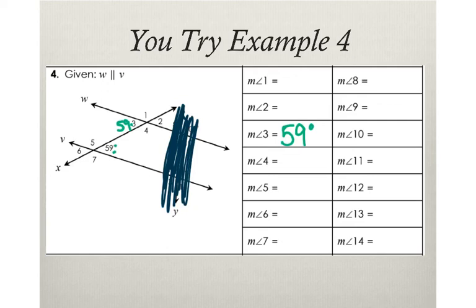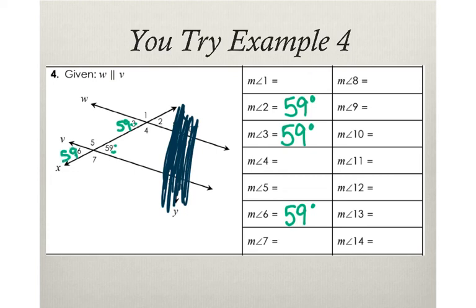Now I'm going to do corresponding. This original 59 and angle 2 are corresponding, so they're congruent. And then corresponding with angle 3 would be angle 6, so that would also be 59 degrees. Okay, that's all I can do with 59.